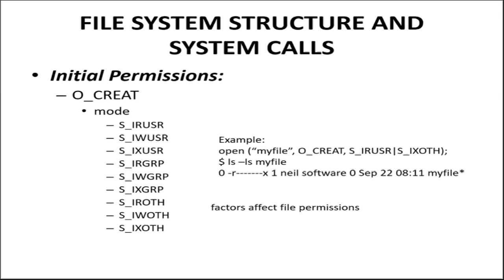For example, if the user mask is set to 001 and the S_IXOTH mode flag bit is specified, the file won't be created with other execute permission because the umask specifies that other execute permission is not to be provided, and the flags in the open and create system calls are in fact requests to set permissions. Whether or not the requested permissions are set depends on the runtime value of the umask.